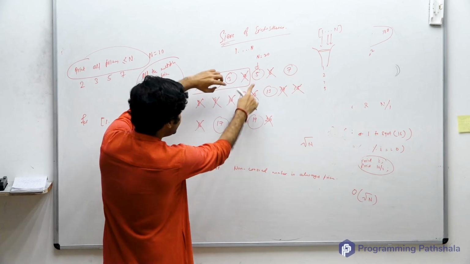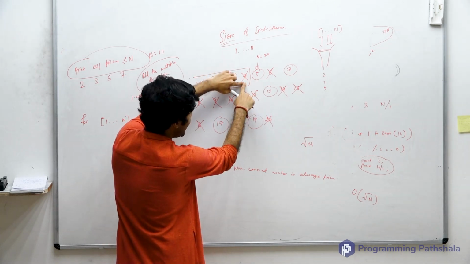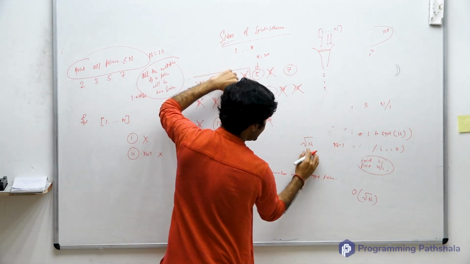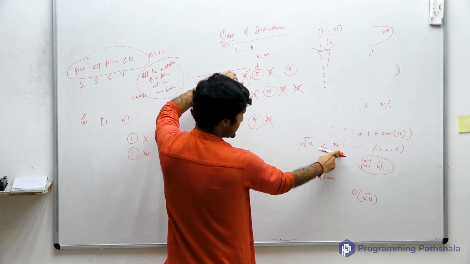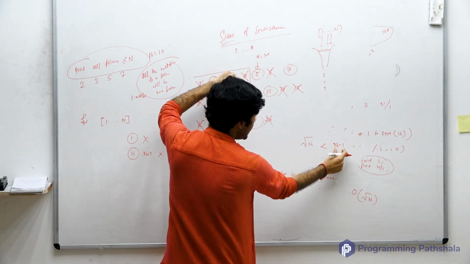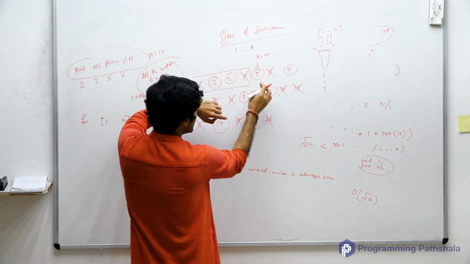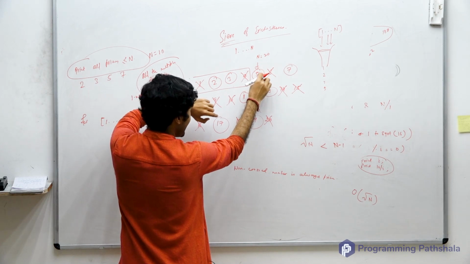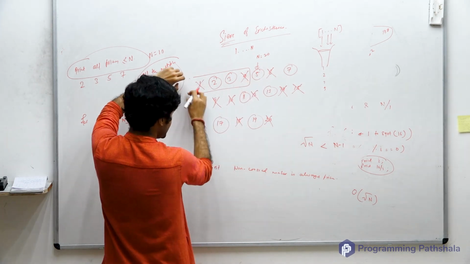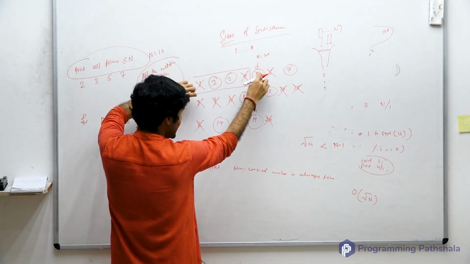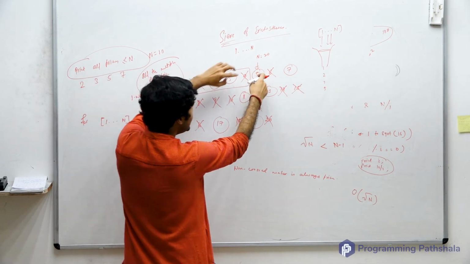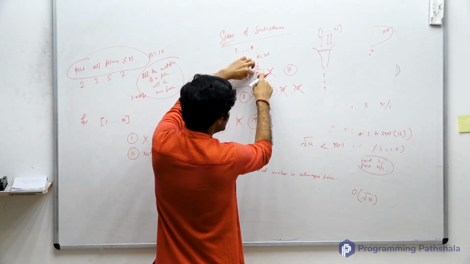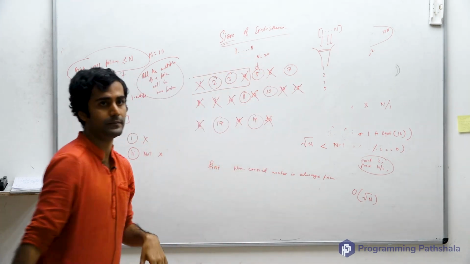Currently you are at n minus 1, which is definitely greater than the square root of n. So if you could not see a factor of this till this point, that is the reason it has stayed alive, that is the reason it has not been cut. That definitely means it is prime, and using it I can cut all its multiples.